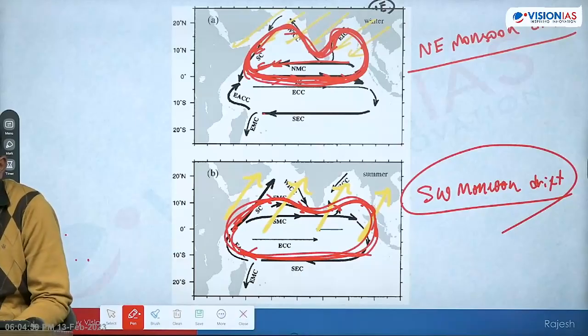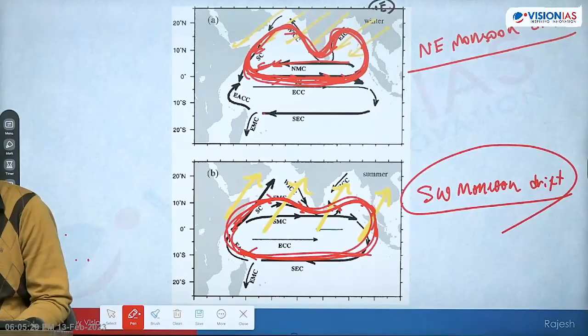Next point, counter equatorial current flows between north and south equatorial currents.